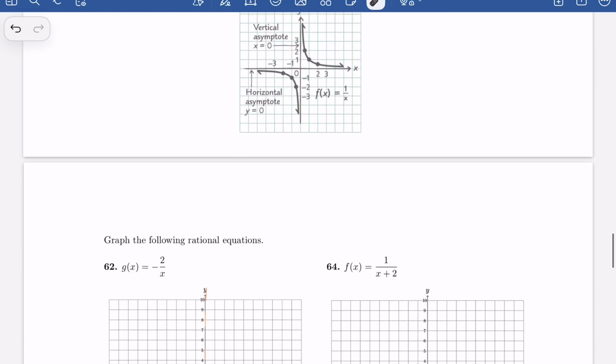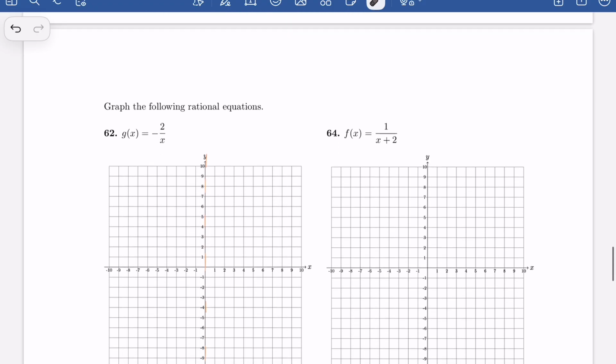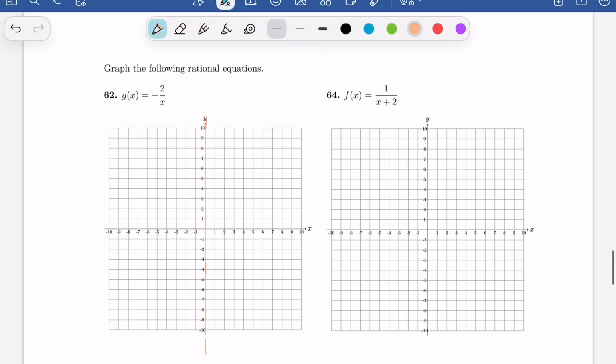So we're going to see the same behavior here. As we increase our x values, as these get very big, this output is going to get really small. So the bigger our x values are in either positive or negative direction, the closer our graph is going to be to this x-axis, but it's not actually going to cross it. So we're going to have a horizontal asymptote at the x-axis, at the line y is equal to 0.